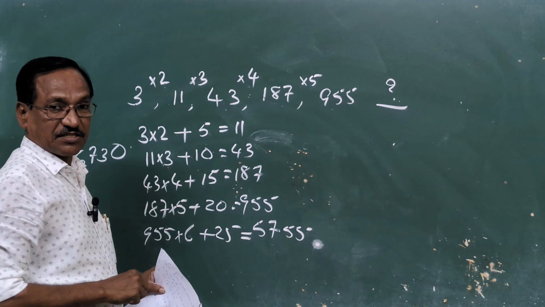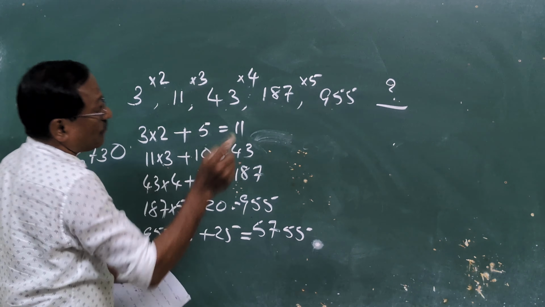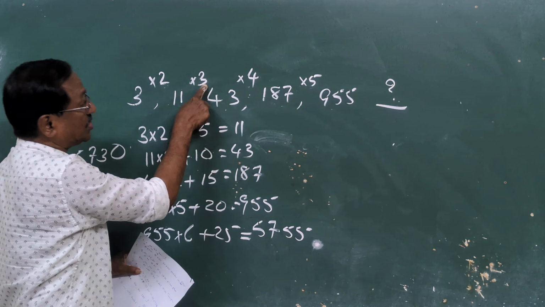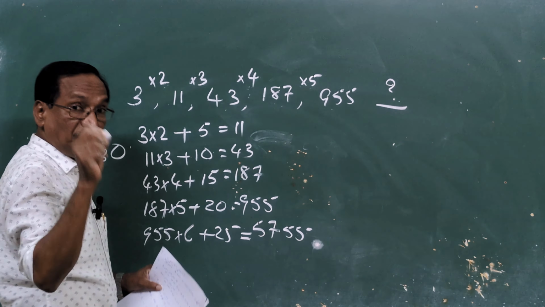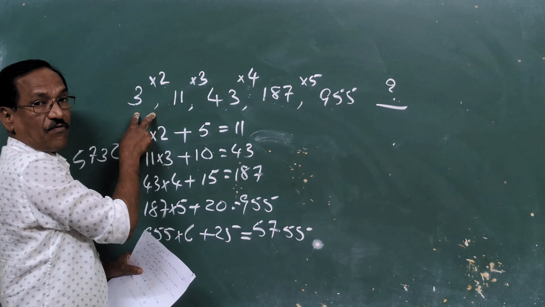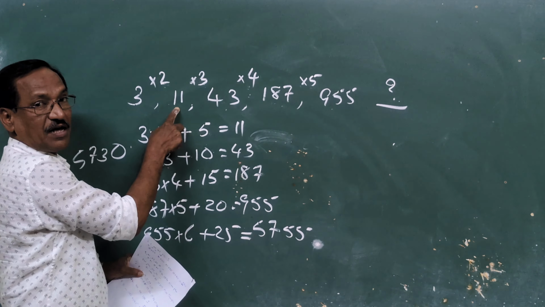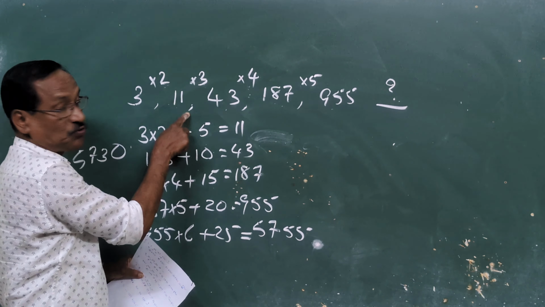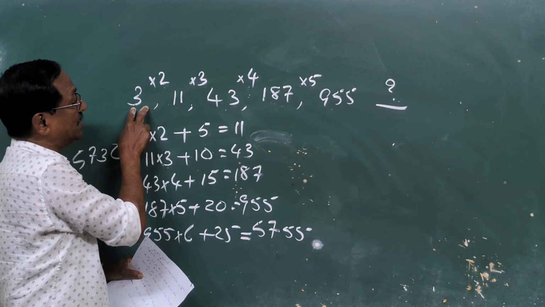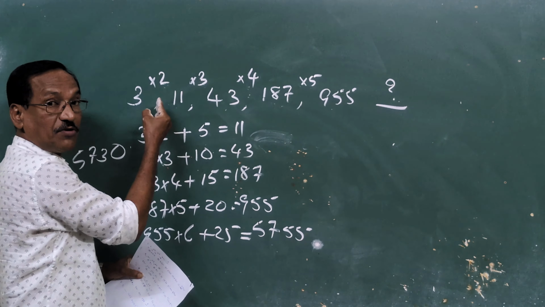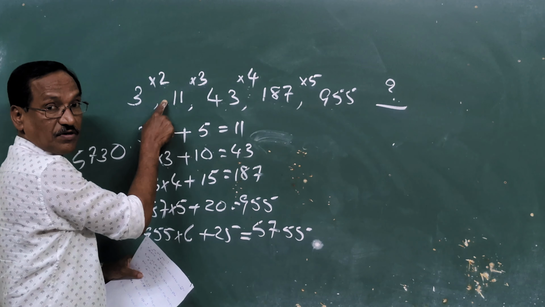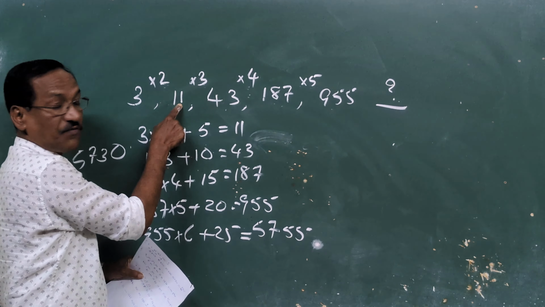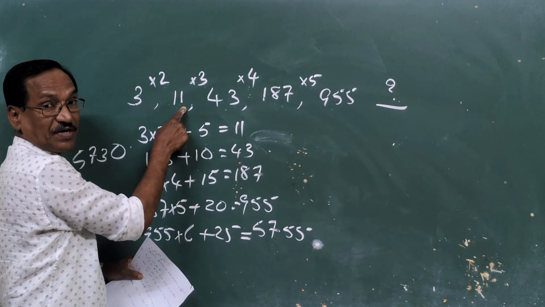The reason is, here we found the pattern as 3 times 2 and then times 3, then times 4, etc. If we start from the left hand, we will not think that this will be 3 times 2, because to get 11 from 3, we will think about only 3 into 3 plus 2, 11, or 3 into 4, 12, minus 1, 11.